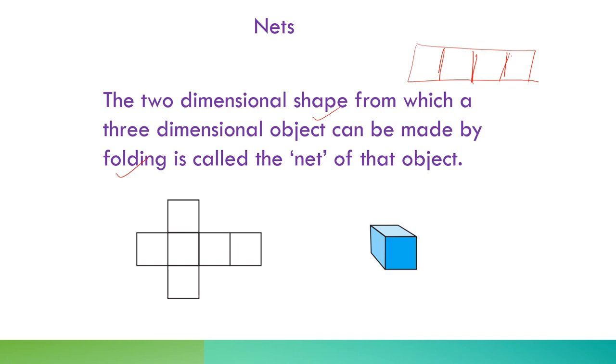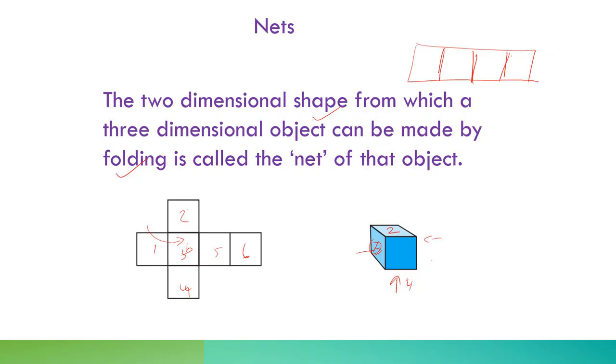If you have an arrangement like this, having 1, 2, 3, 4, 5, 6 squares, fold it in particular fashion, fold it from here. So once this is the back side, if suppose this side will be formed, this will be 1. Fold it from here, this will be the top. Fold it from here, that will be the bottom, that is number 4. Then you are having this side, the back side, and the side.